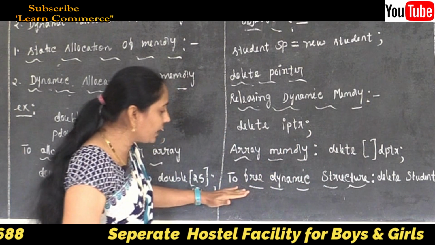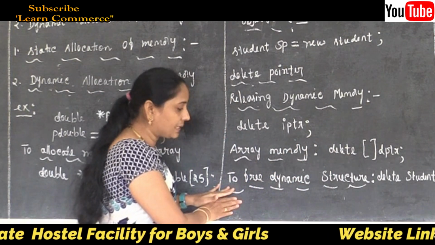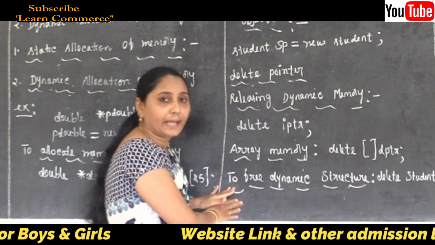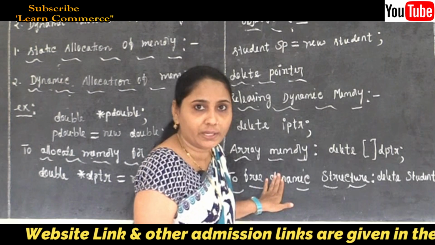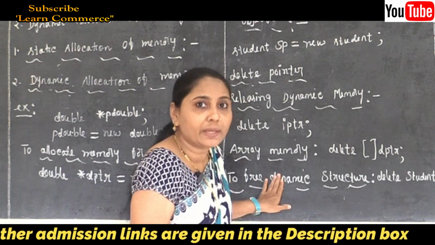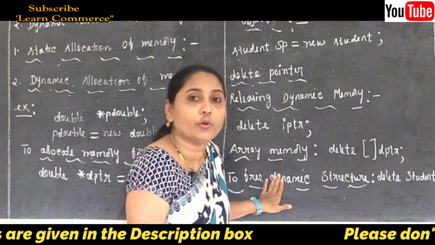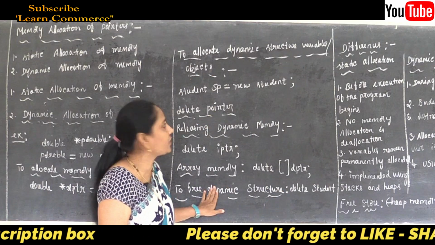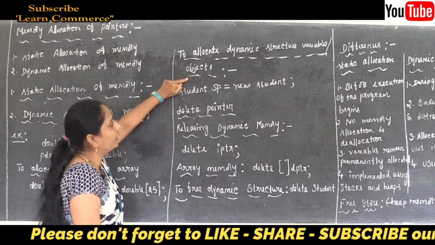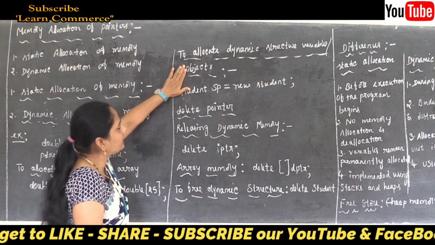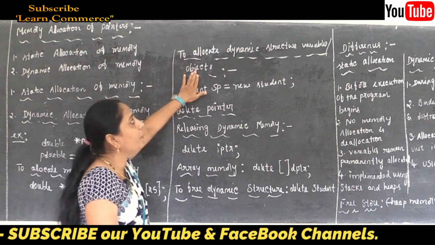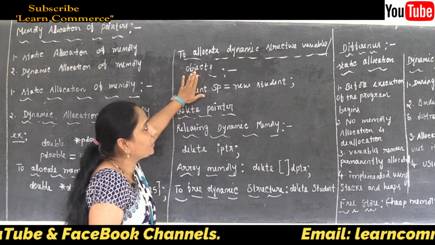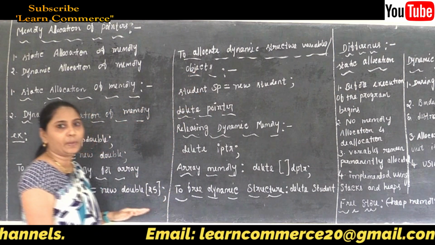And the last example, that means in this example we are going to free the dynamic structure memory. Clear this point here? We are going to release or free the dynamic structure memory. Why? Because we already created it, correct? No? In this example we allocated the dynamic memory for the structure variable or object.